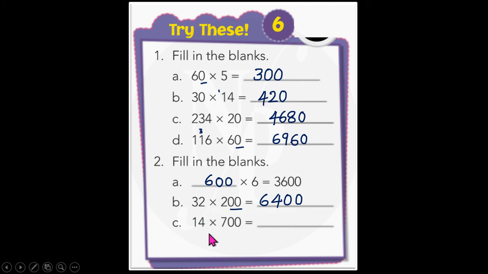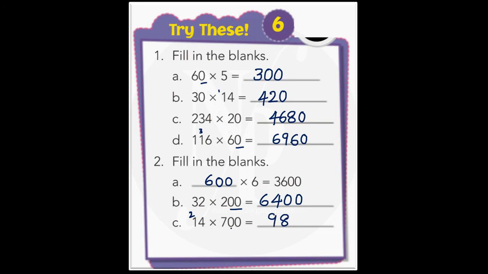Coming to C, we have 14 into 700. So we multiply 14 by 7 and we put 2 zeros to the right of the answer. 7 4s are 28. I write 8 here. 2 is carried forward. 7 1s are 7. 7 plus 2 is 9.